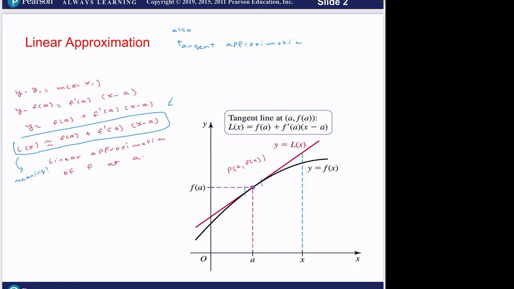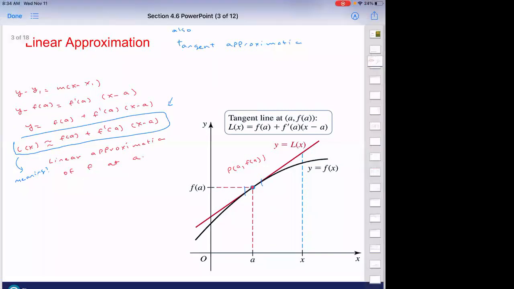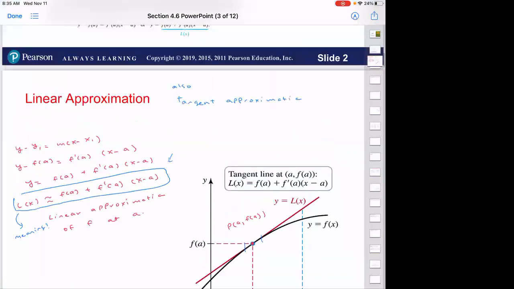You started from section 2.1, talking about the equation of a tangent line, haven't you? So y minus y1 equals m times x minus x1. You did that, it should be everywhere. So you can find that anywhere.